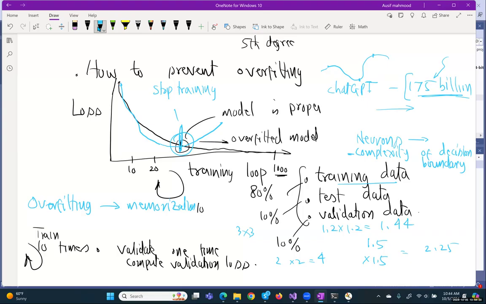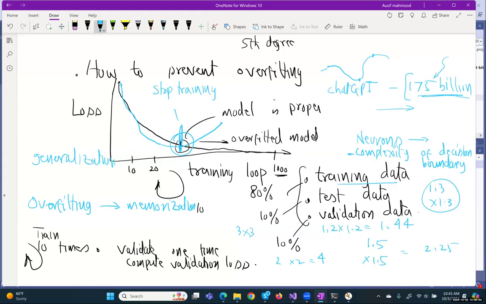Now you go to take an exam, and the question given to you is, what is 1.3 times 1.3? Let's pretend this was not part of the training data. So now you will give a wrong answer because it's not in your memory. Training it too many times is the same thing as trying to memorize the training data rather than trying to learn what in technical terminology we call generalization.